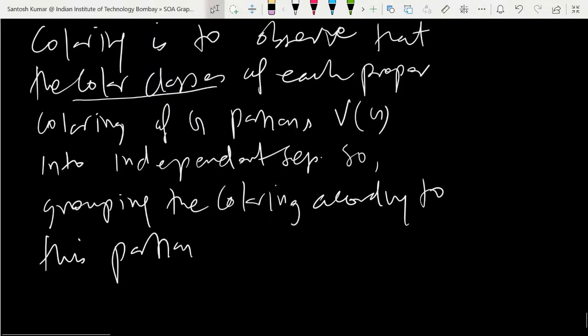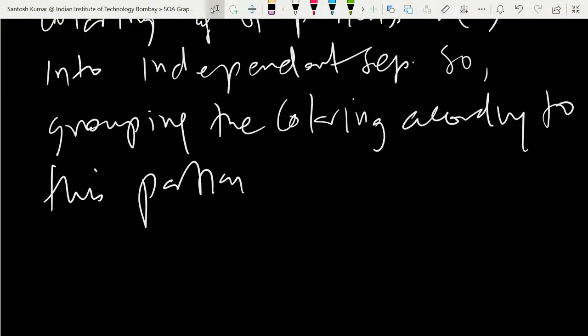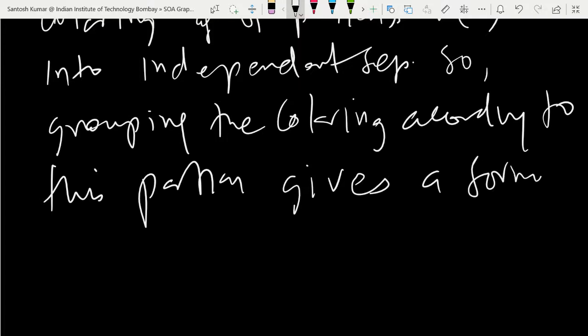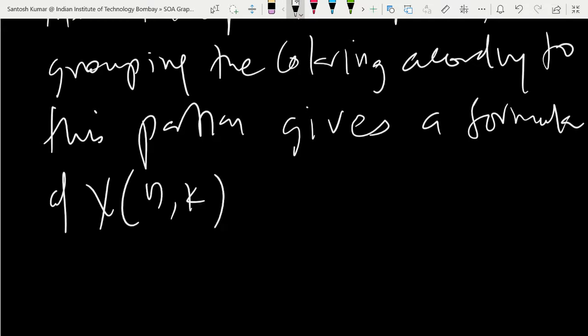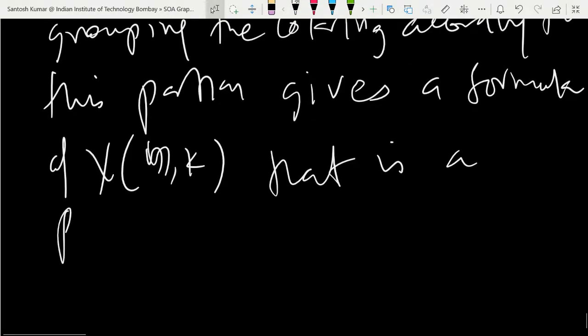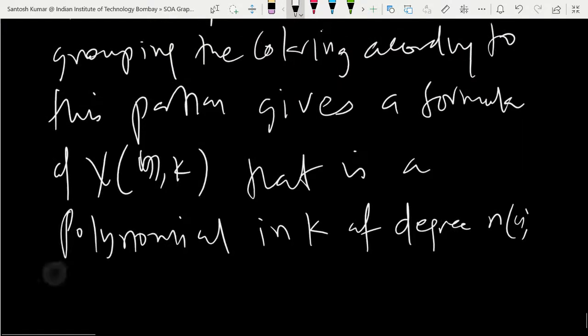So grouping the colorings according to this partition gives a formula for chi(G, k), that is a polynomial in k of degree n_G, the number of vertices in the graph.